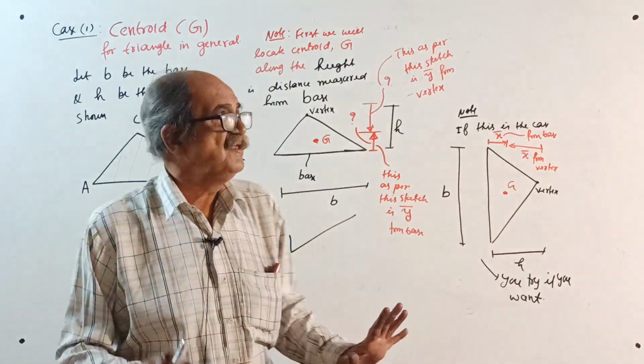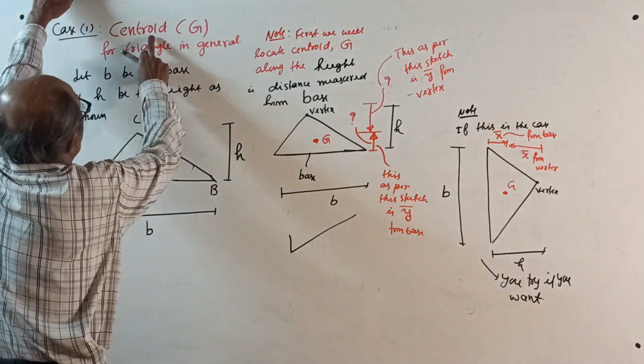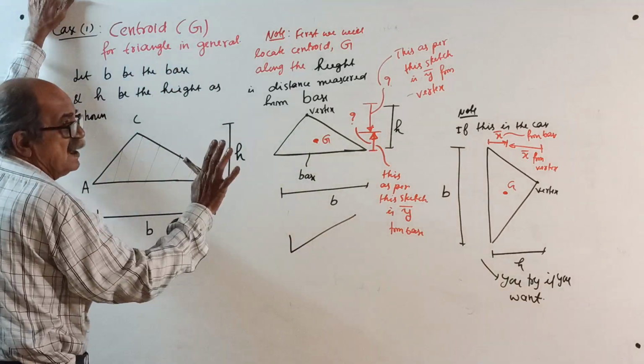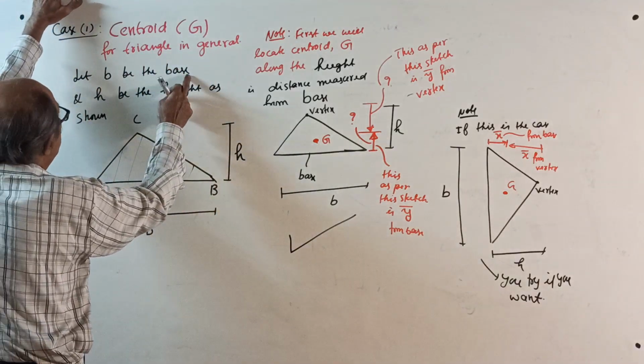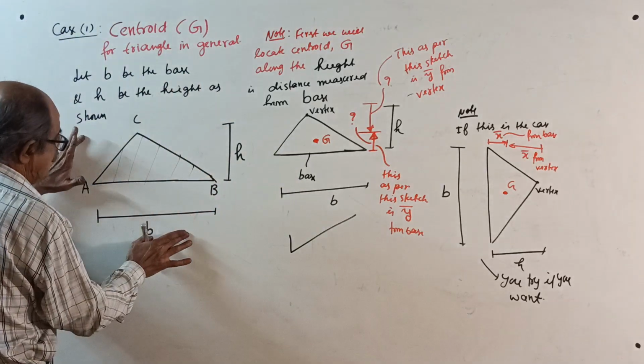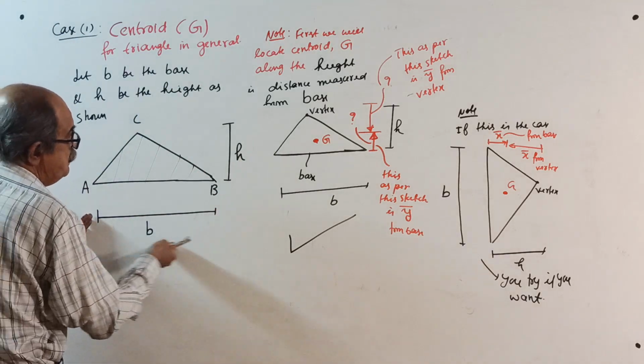Start now. Case 1, centroid G for a triangle in general. I told you, general means let B be the base and H be the height as shown in the figure. I will take this B and this H.